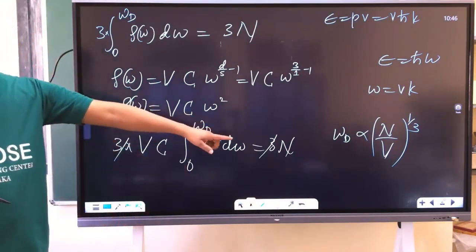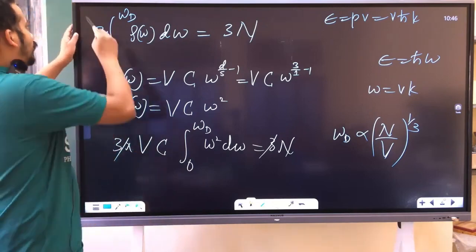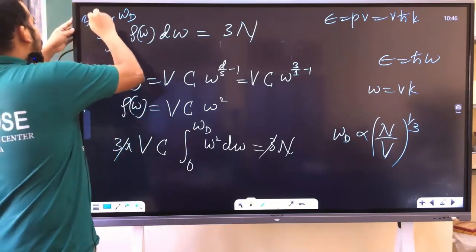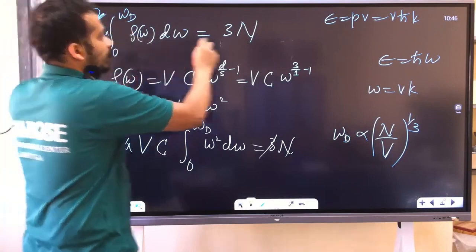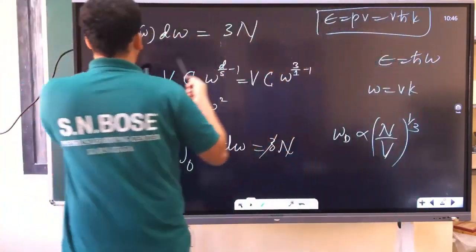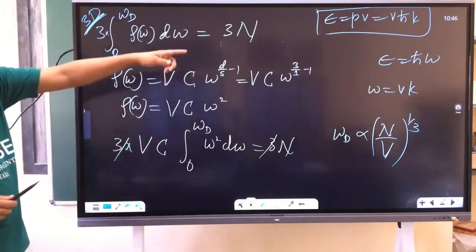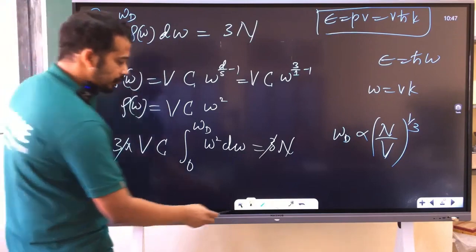This is where they may ask a question. Now look at here. What have I taken? I have taken 3D, 3 dimension. And I have taken this dispersion relation. I mean, these things only decide rho of omega d omega. That will decide everything, isn't it? Got my point? Okay. Just observe this one.